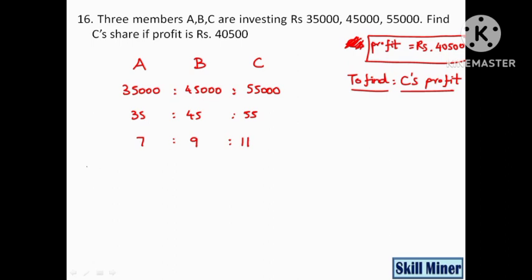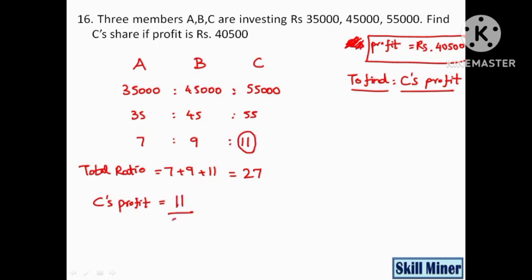So the total ratio will be 7 plus 9 plus 11, which is equal to 27. C's profit will be, since C's ratio is 11, 11 divided by total ratio 27 into total profit 40,500. This will become C's profit.